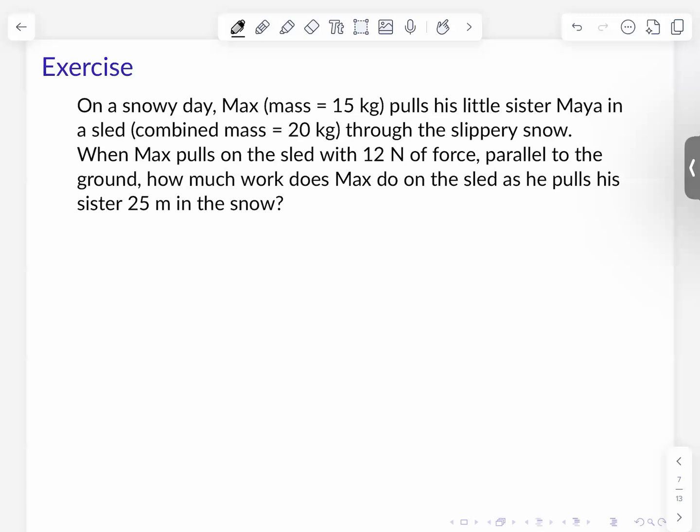Hey, what are the units of work? What must they be? Joules. Don't just tell me a number. Tell me that number, joules.